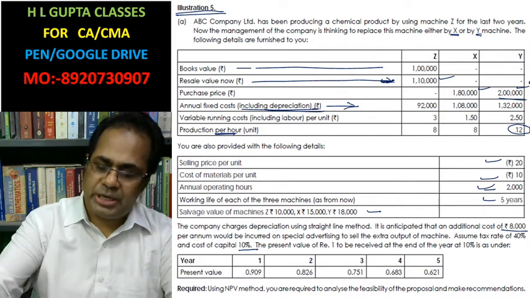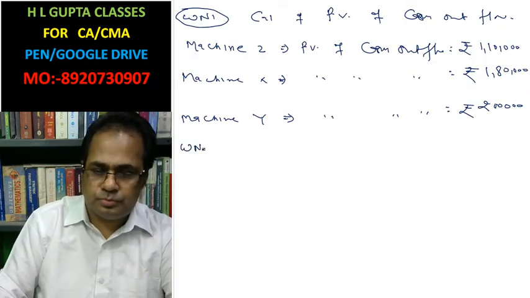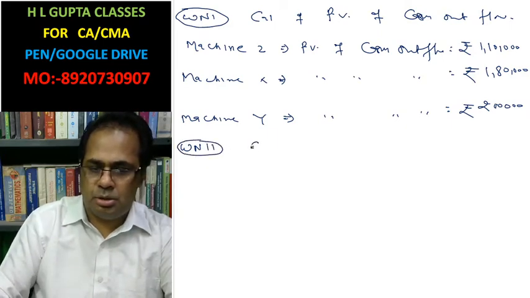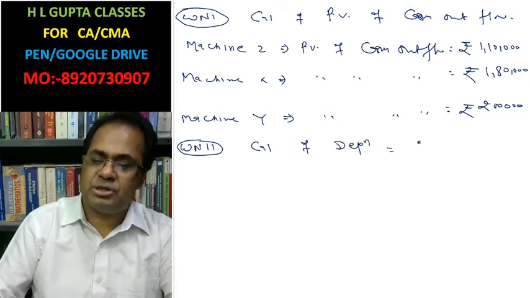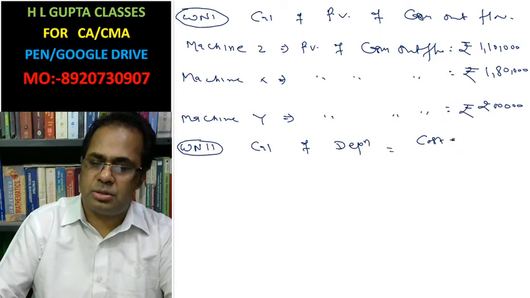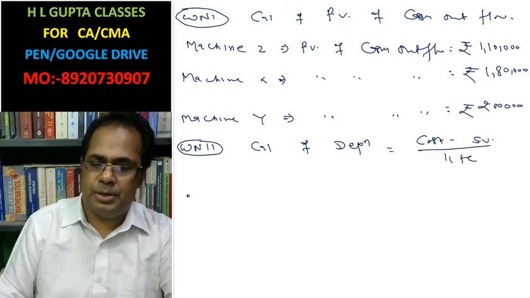Okay, now we can calculate depreciation. Working note 2, calculation of depreciation. That is the straight line method: cost minus scrap value divided by life.